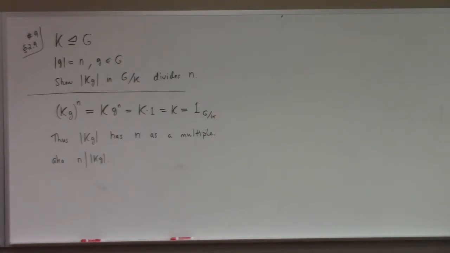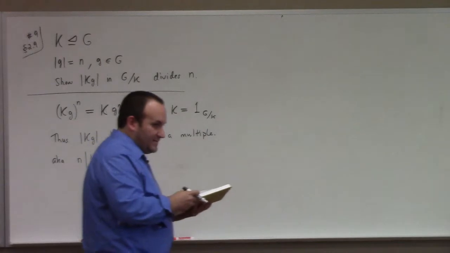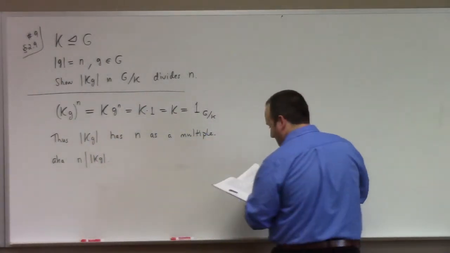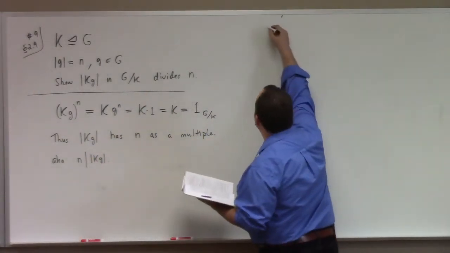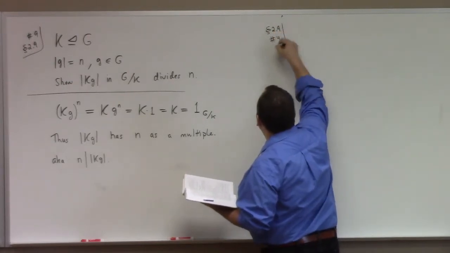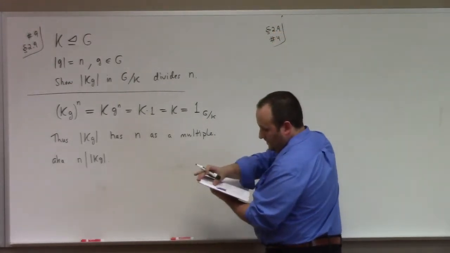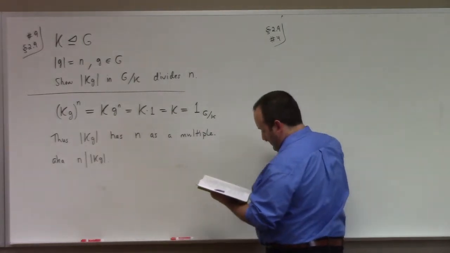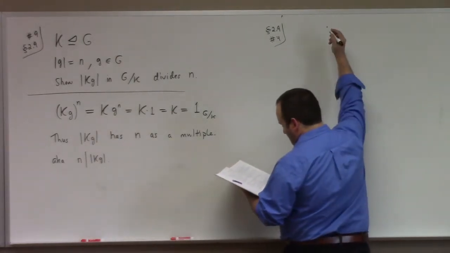Other questions? We can do 2.9 number 4. I am not averse to answering homework questions in 2.10 if you want. So 2.9 number 4. I think it's like the example that, oh, interesting.